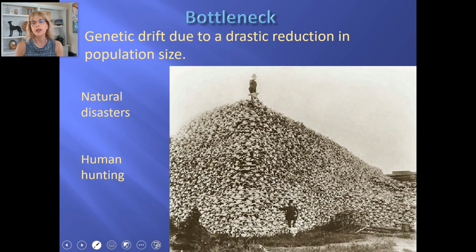These gentlemen with their jaunty caps are standing on a hill made of skulls of bison, partly to starve the Native Americans that were living in the United States, and partly because people thought it was tremendous fun. They would simply go to herds of bison and just mow them down with Gatling guns.